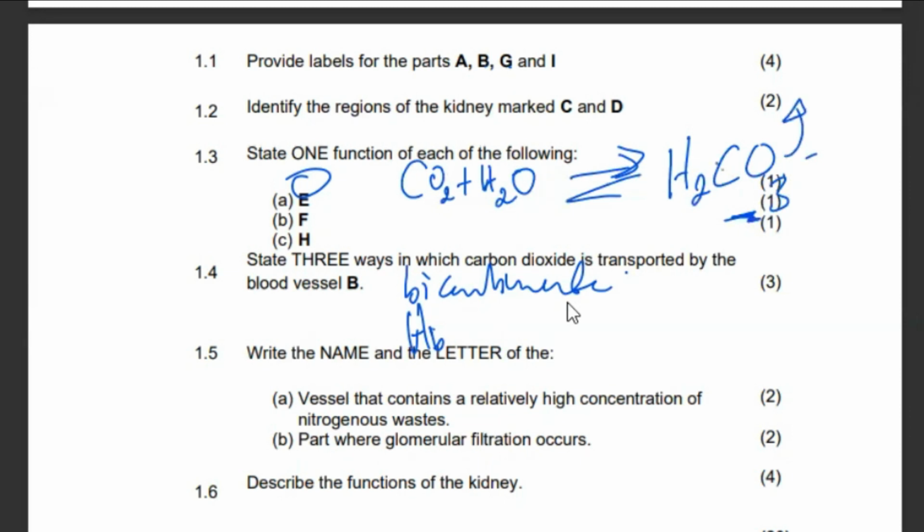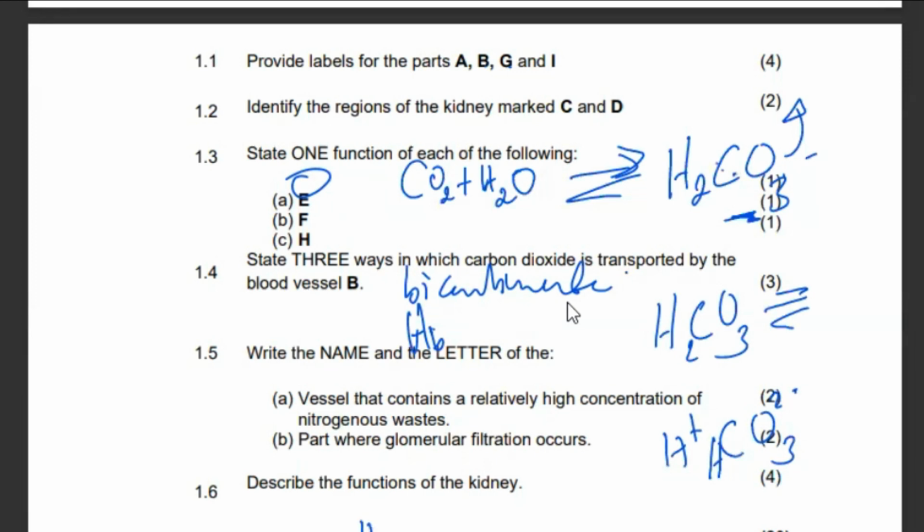But because it is not that stable, a weak acid, sometimes it ionizes to form hydrogen ions and, depending on how much ionization occurs, hydrogen ion plus hydrogen carbonate.